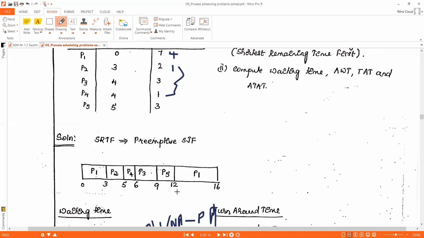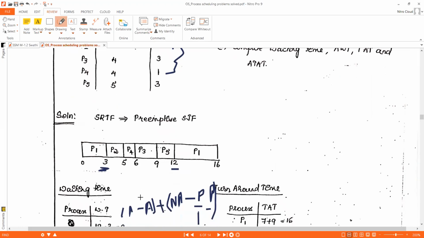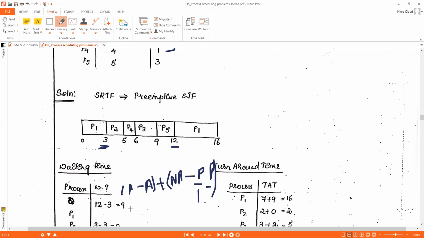The next allotted time for process 1 is 12 milliseconds minus its previous preempted time, that is 3 milliseconds. At 3 milliseconds it got preempted. So 0 minus 0 plus 12 minus 3, we will get 9 milliseconds as the waiting time for process 1.